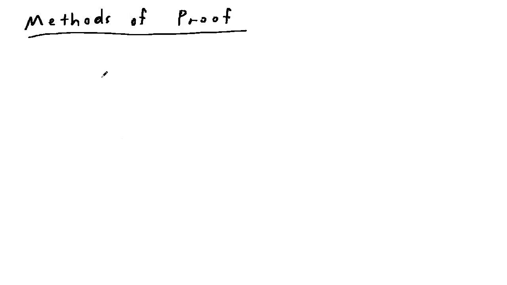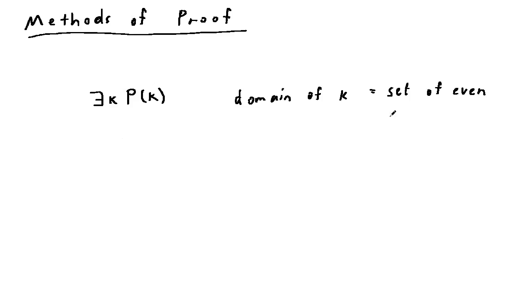We can write this as there exists a k such that p of k, where the domain of k is the set of even integers and p of k is the predicate k is the sum of two primes.